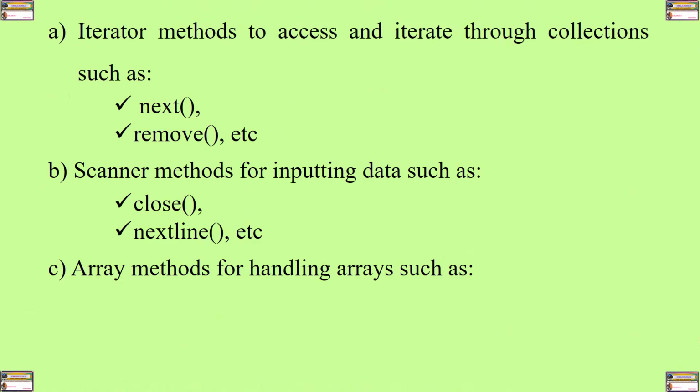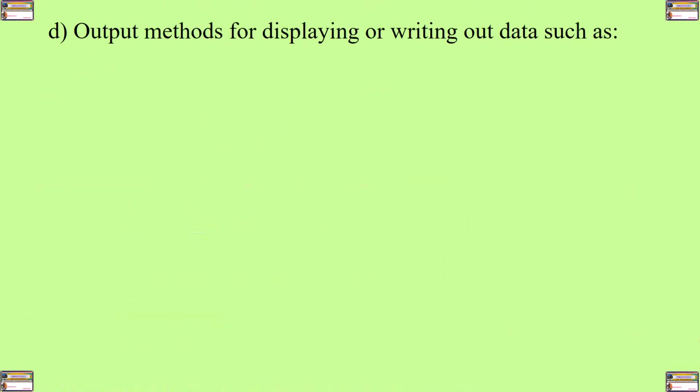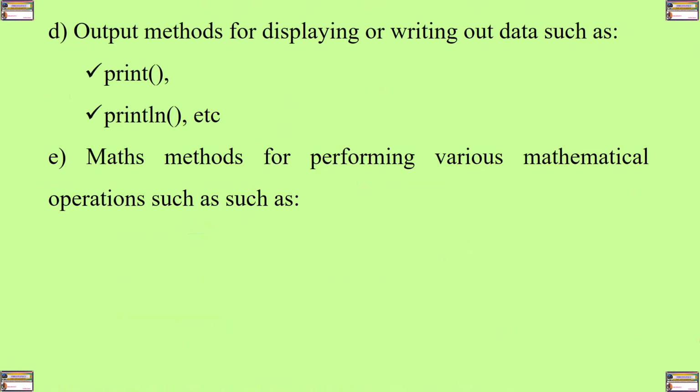The third type is what we call the array methods, which are used for handling arrays such as compare, sort, amongst others. The fourth type are the output methods that are used for displaying or writing out data such as print, println, amongst others.